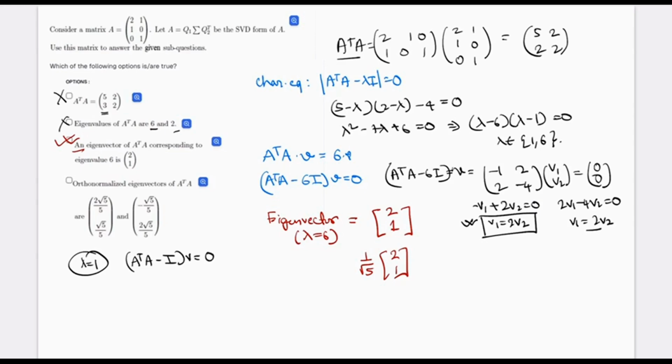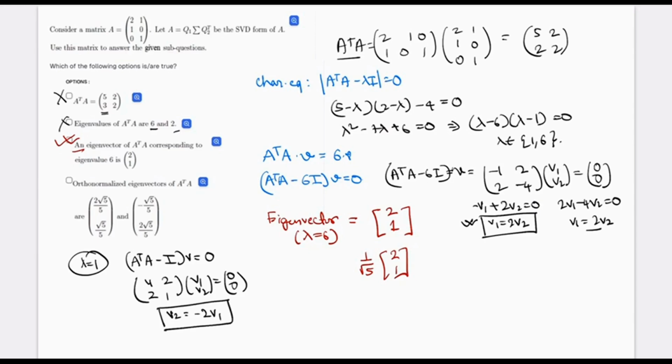This is what we have to solve. So this will be nothing but [[4, 2], [2, 1]] multiplied by (V1, V2) equal to (0, 0). From this we can say that 4 times V1 plus 2 times V2 is 0, which means that V2 can be written as negative 2 times V1.